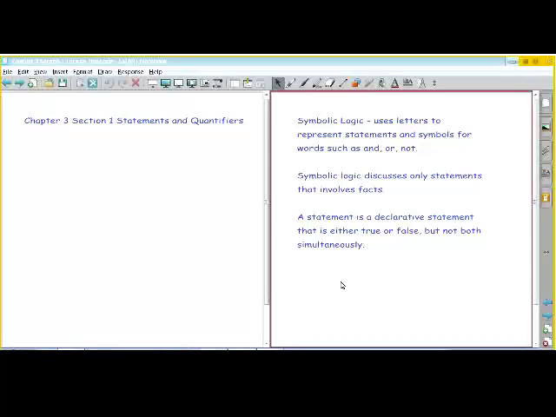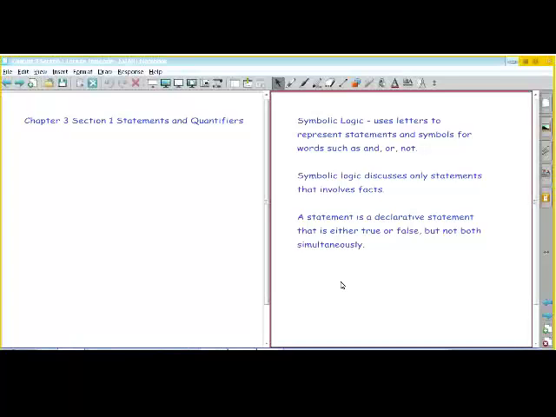A statement in logic is a declarative statement in English that is either true or false, but not both simultaneously. So, for example, you can be alive or you can be not alive. You cannot be half alive.